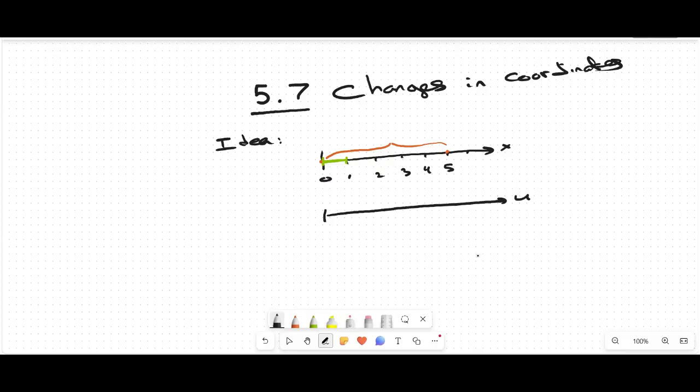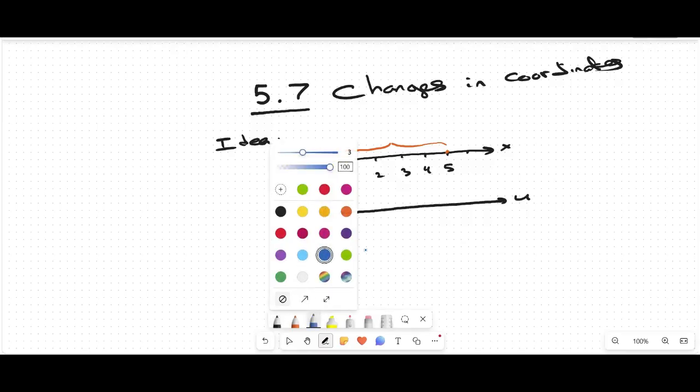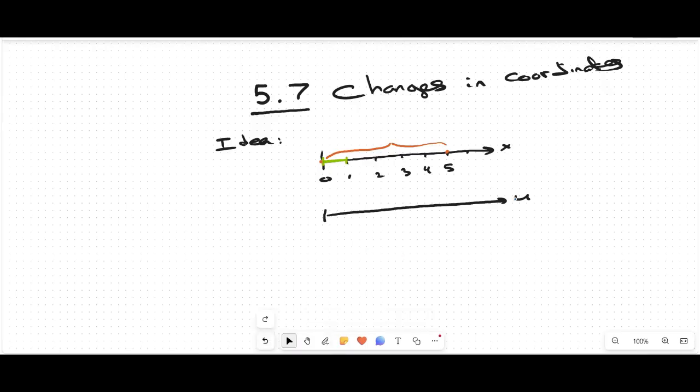But a different coordinate system, U, and let's say that my measuring stick, and that gives me the U coordinates, is twice as big.